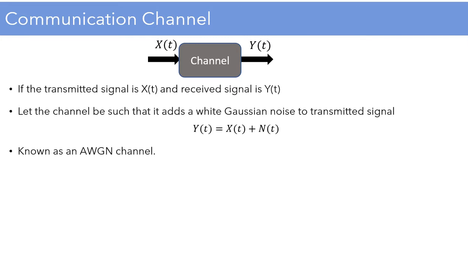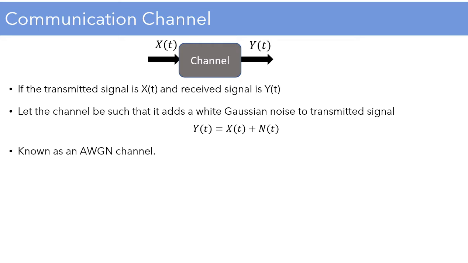Another example can be, suppose the channel is such that it adds white Gaussian noise. White means it is not correlated, which means each sample of the noise is independent. And if you look at the correlation with the previous time instant, even if it's very close, there is no correlation. And Gaussian noise means each sample is Gaussian distributed.